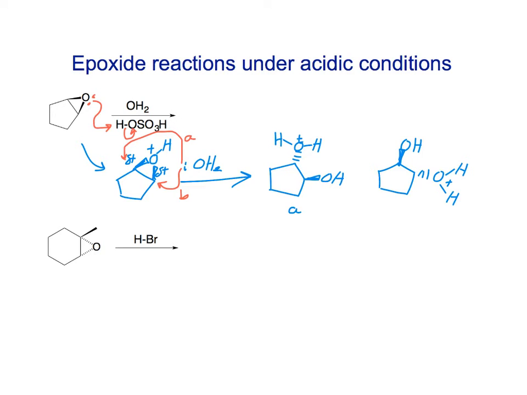Now the last two steps here are just deprotonation. We can use the conjugate base of our acid to remove one of these protons, just an acid-base step. And we get an alcohol there and an alcohol here.